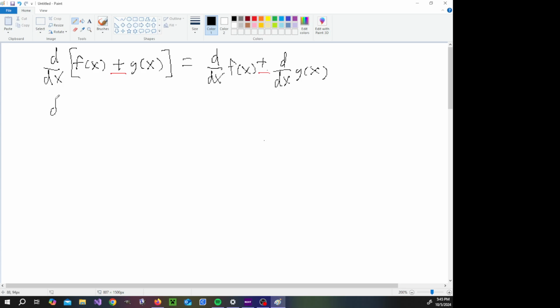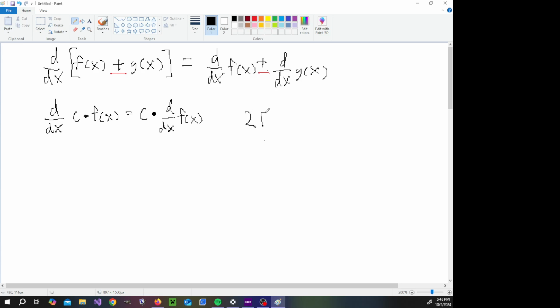Well, it also turns out that if I have a constant times my function f, then that constant kind of just comes out front. I say it comes along for the ride, but it doesn't really do anything. So constants never really mess with our function.